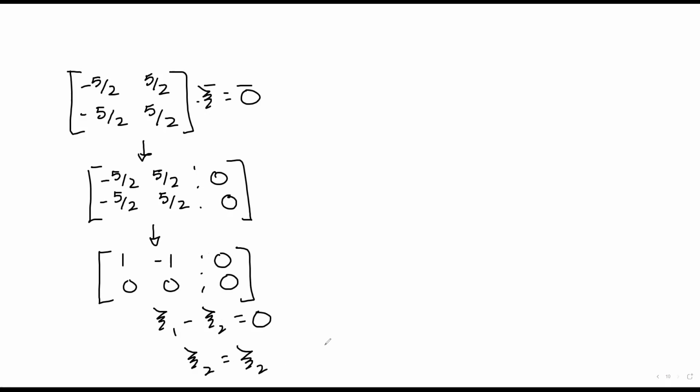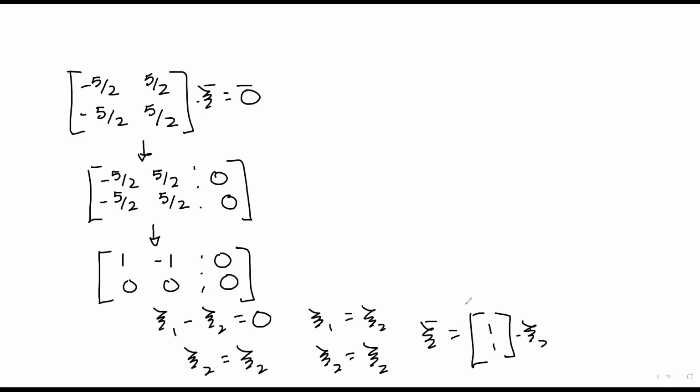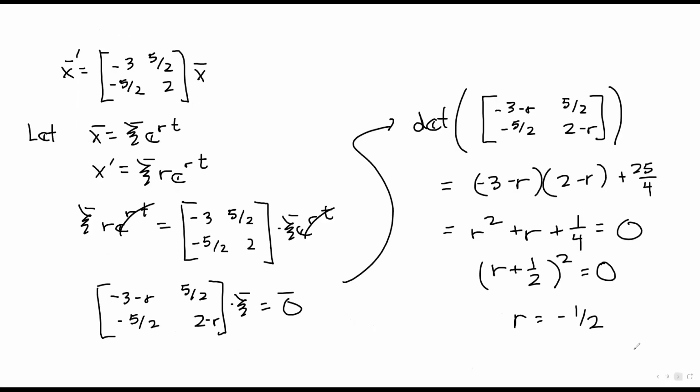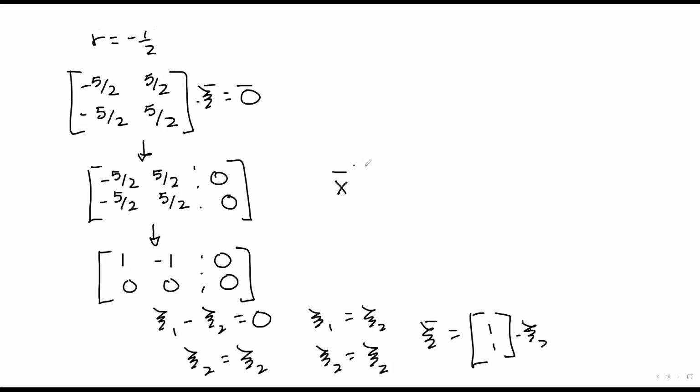Xi2 equals xi2. Xi1 equals xi2. So xi equals 1, 1 times xi2. This came from r equals -1/2. And then we can take those and get our first solution. X1 equals 1, 1 times e to the -1/2 t.